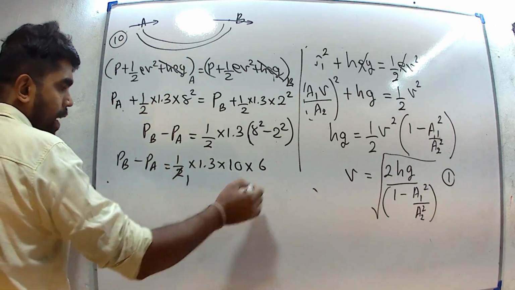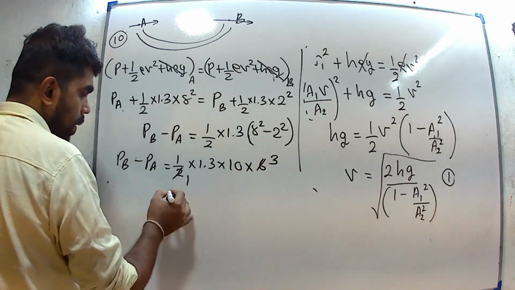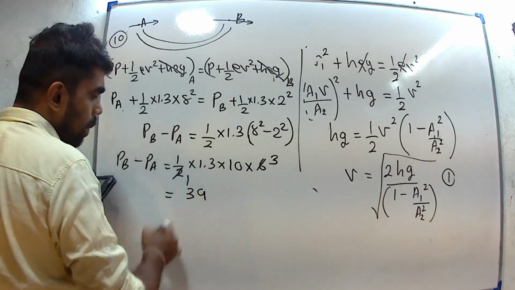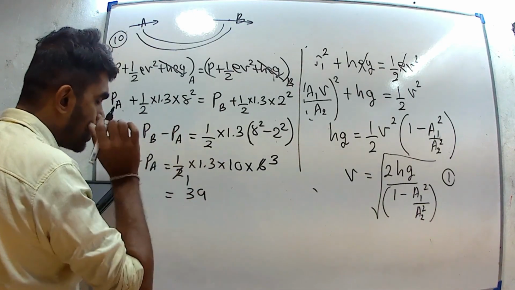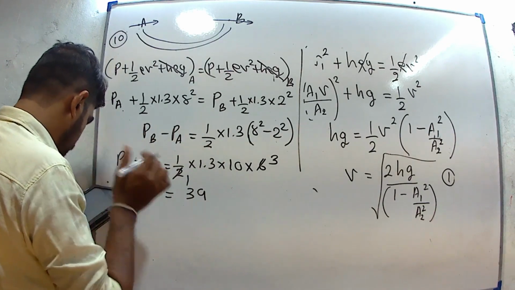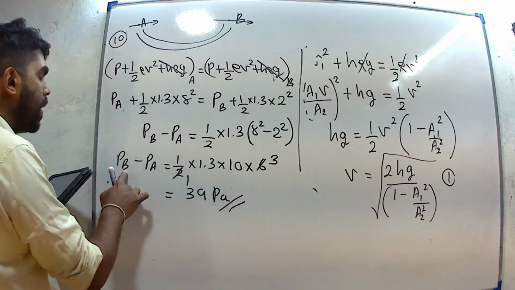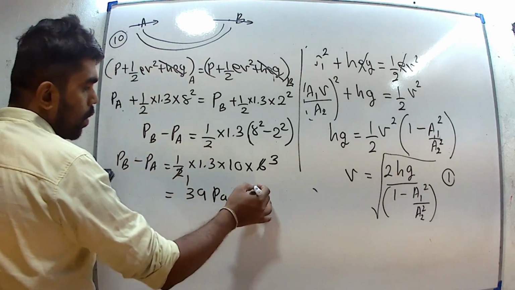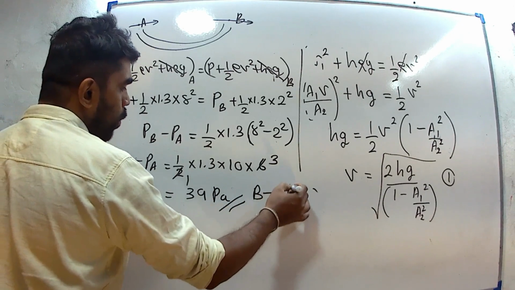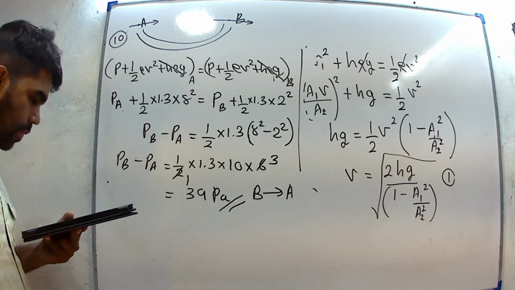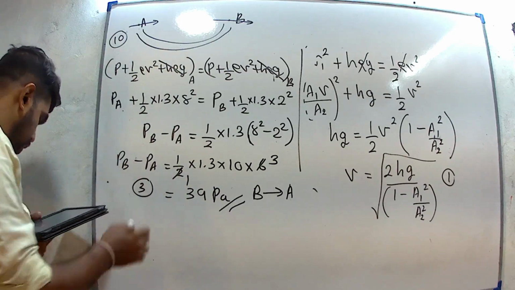Now we can simplify it. 2 divided by 2 is 1, 3 into 13 is 39, 3.9 multiplied by 10 is 39. Then we get 39 Pascal. High pressure is at B. Therefore, flow will be from B to A. 39 Pascal and from B to A. The third one is the correct answer for question number 10.